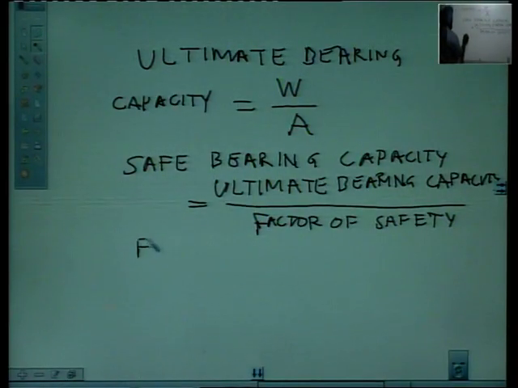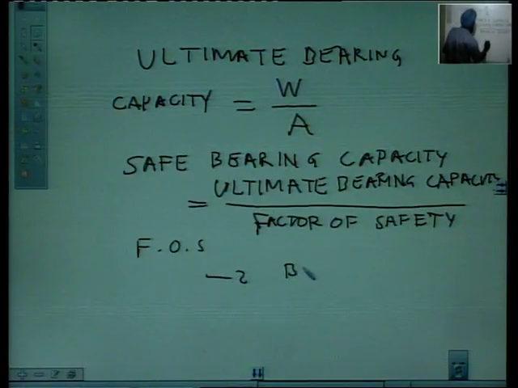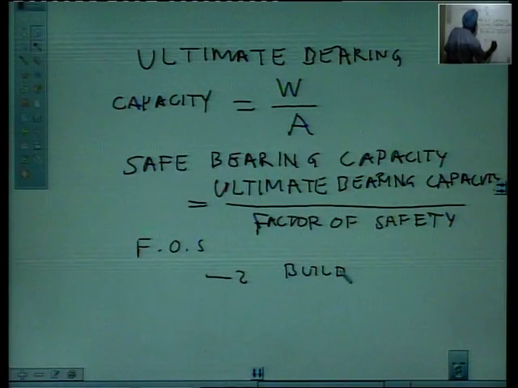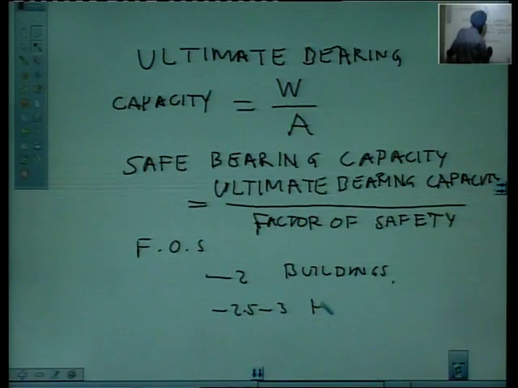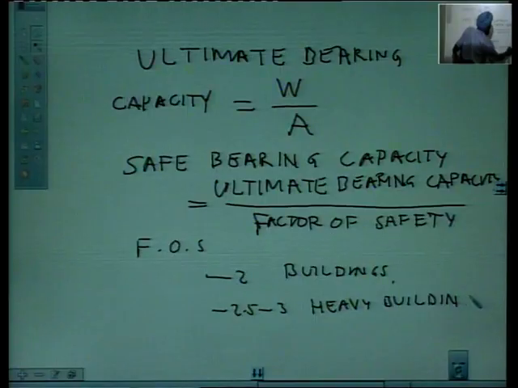Factor of safety is 2 for ordinary buildings, and for heavy buildings its value is 2.5 to 3. So, we do the design on the safer side by taking the factor of safety into account.